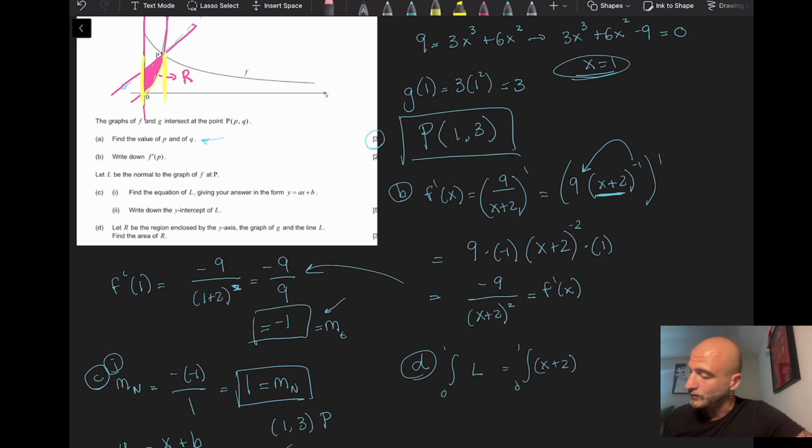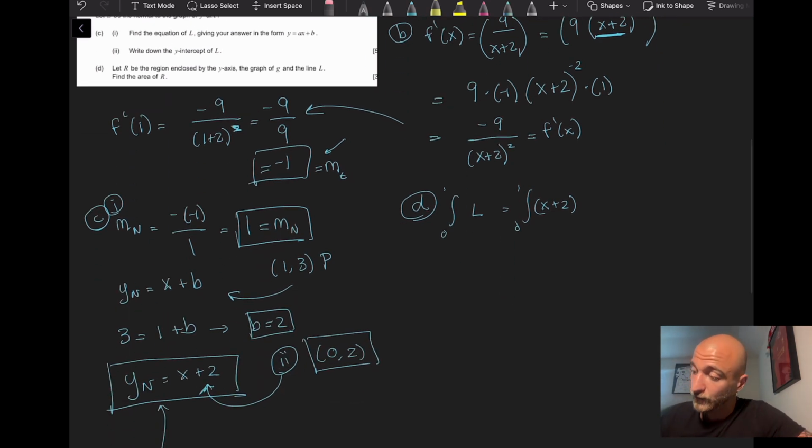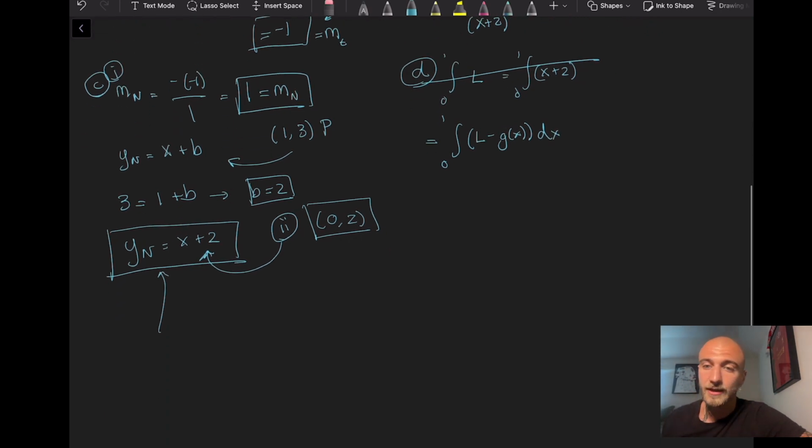So what I have so far here is actually not fully complete. Let's cross it out. We need to subtract g of x from L, because that would subtract the area underneath g of x, and we're only left with the area in between L and g of x. So the integral from 0 to 1 of L minus g of x dx is the general form of how we would write this integral. But let's actually plug some stuff in so it makes a bit more sense.